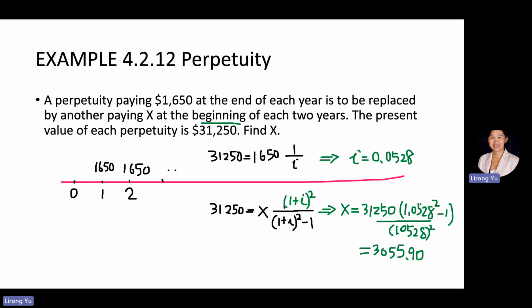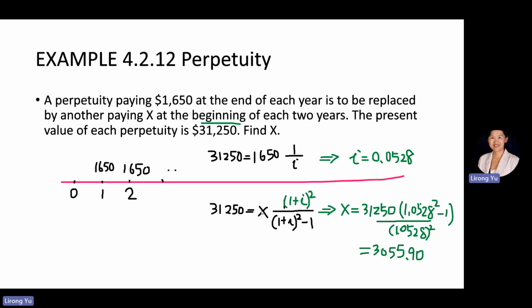That still goes with the idea of this section, that the payment is less frequent than the interest period. So the denominator has to be the payment period interest rate, that's (1 plus i) to the power 2 minus 1. And the numerator is supposed to be another payment of X at the beginning of each year.